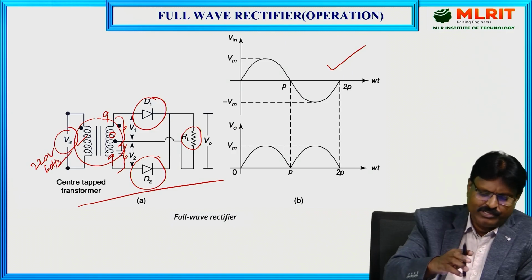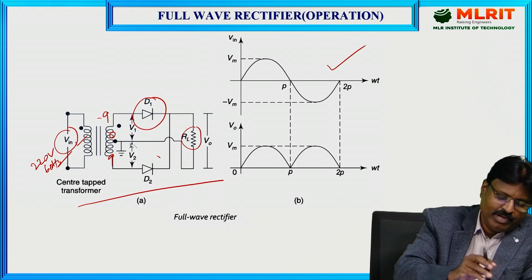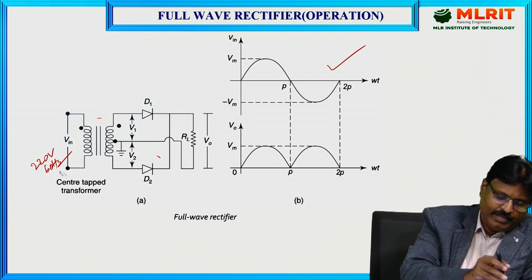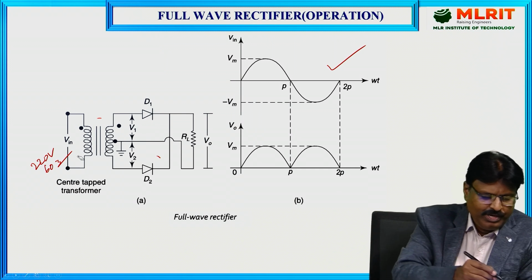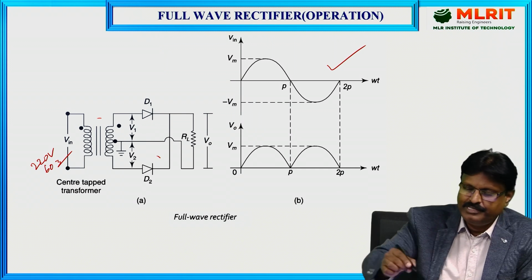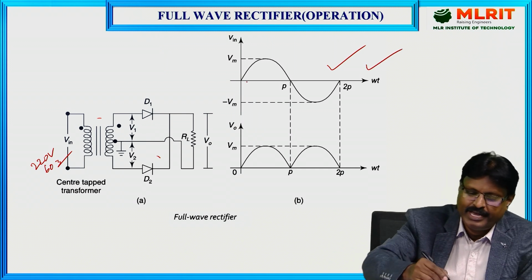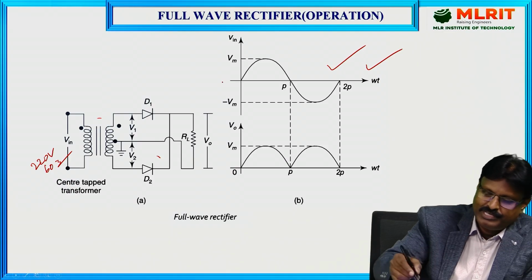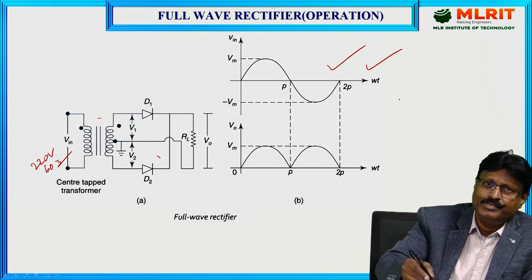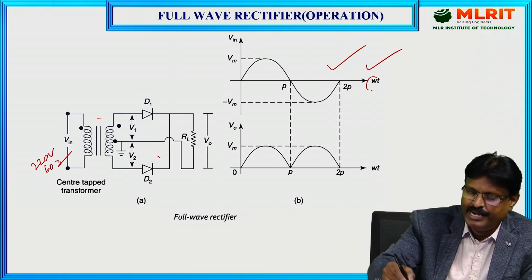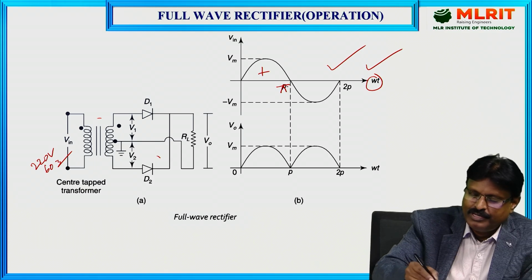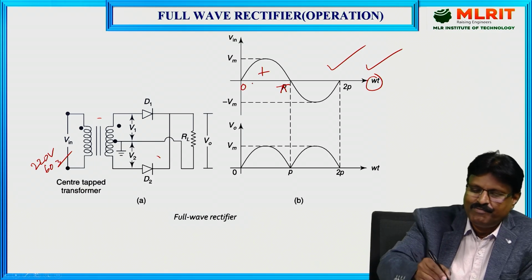So now let us go for the operation, how the operation goes on. Here Vin is an AC signal, that's why I represented it like this. This is voltage versus time, with the angle of conduction being omega t. The first half, the positive half cycle, has a duration from 0 to pi.